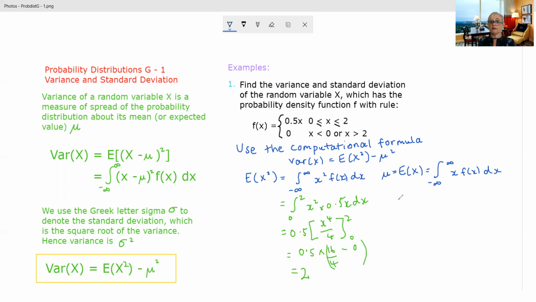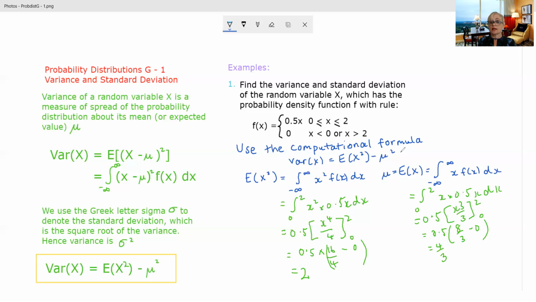All right. This value here, we actually worked this out in a previous example, but I'll show you what it is again anyway. So this is just going to be the integral from 0 to 2 of x times our 0.5x, which is 0.5. This is x squared, so it'll be x cubed on 3 from 2 down to 0, which is a half of 8 on 3 minus 0, which of course is 4/3.